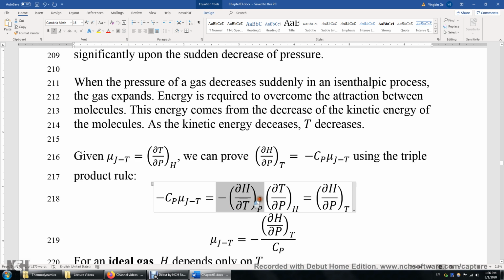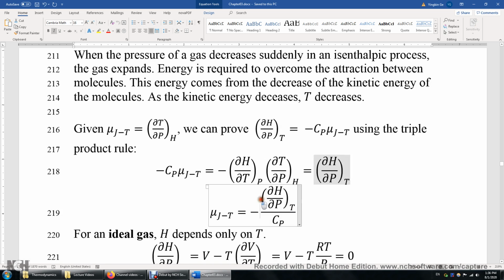Using the triple product rule, this part is just 1 over delta P over delta H, and 1 over delta P over delta H is delta H over delta P over here. And therefore, mu JT is simply negative delta H over delta P over Cp. Remember, we mentioned this: delta H over delta P is small for a real gas.